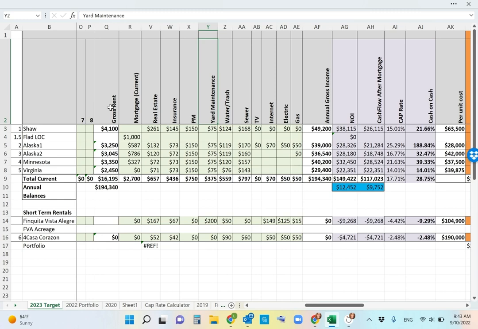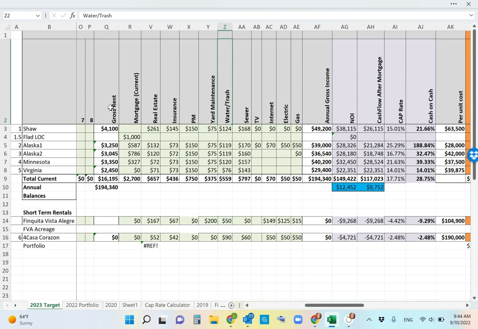Even though some of these are somewhat fixed expenses, I don't base my calculators on variable expenses or expenses that are dependent on the day-to-day decisions that happen in a year. And I'll probably talk about why that is at some point in time. Or if not, write me a comment and ask me that question. I'll be glad to answer it.